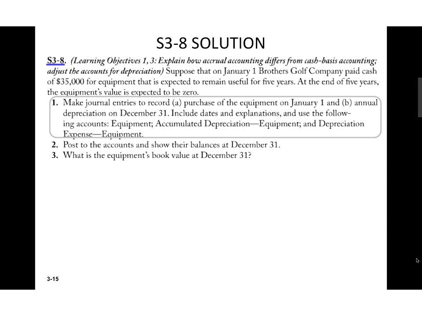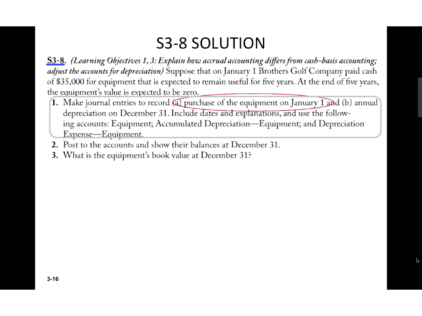Okay, so we're going to make journal entries to record the purchase of equipment and the annual depreciation, and it tells us what accounts. So the first thing, record the purchase of the equipment. We're going back to January 1st, when we bought equipment. This is an asset, so we're going to be debiting equipment and crediting cash.